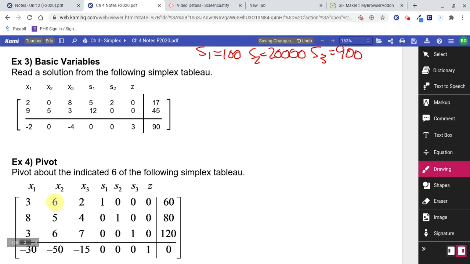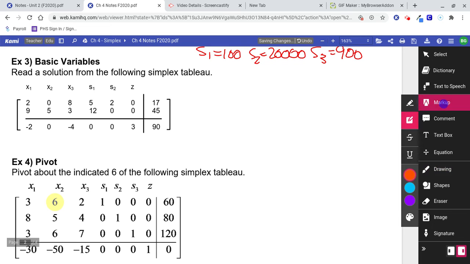Let's look at number 3. Read a solution from the following simplex tableau. Well, let me identify the basic variables first, okay? Basic variables like this one, and this one, and this one. These are the ones that are easy to find. We do it just like we did when we solved Gauss-Jordan.